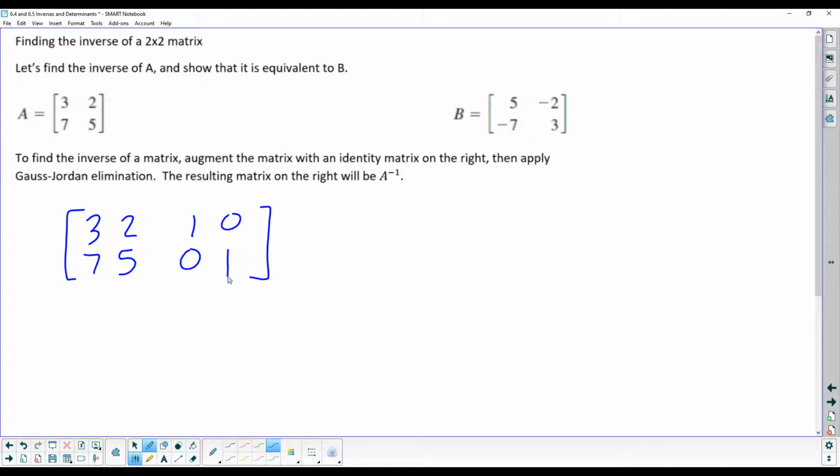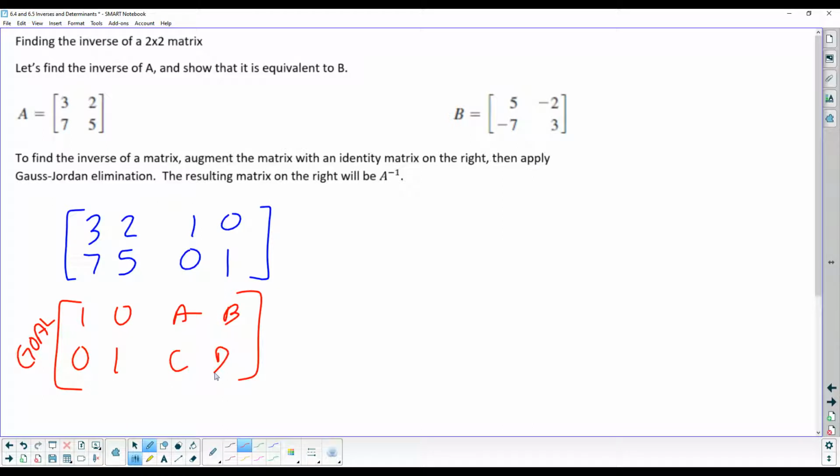So the first thing we might do is divide by 3 so that we have a 1 here. So our goal to finish is to have 1, 0, 0, 1, something, something, something, something. And we don't know what those somethings are yet. But this is the answer when we finish.